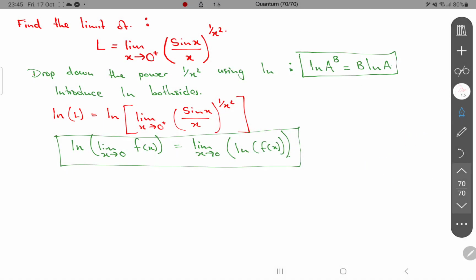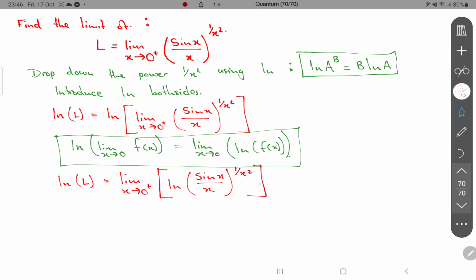So we use this rule now to work on our limit. The natural logarithm of L is equal to the limit as x approaches 0 of the natural logarithm of sine x over x to the power 1 over x squared.